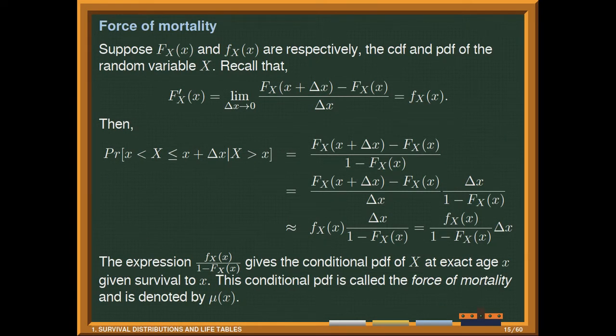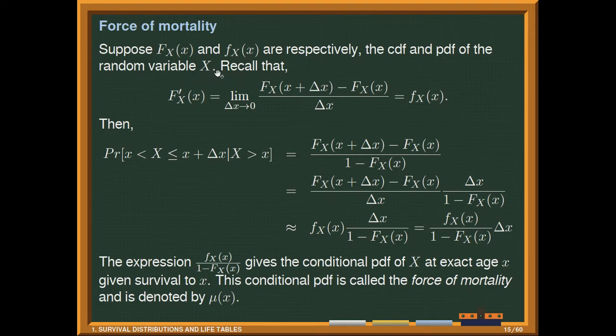Now, let me introduce the force of mortality. So, we note that x is a random variable, and the CDF for x is this. The PDF is given by this.